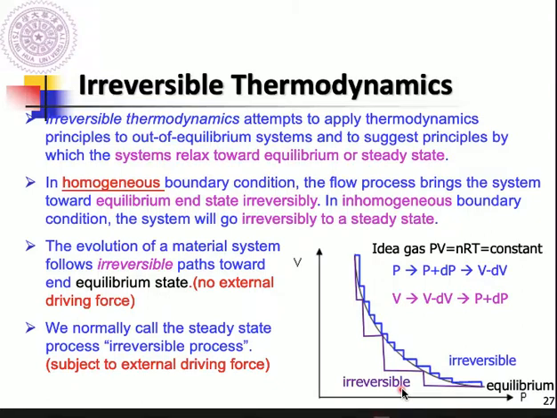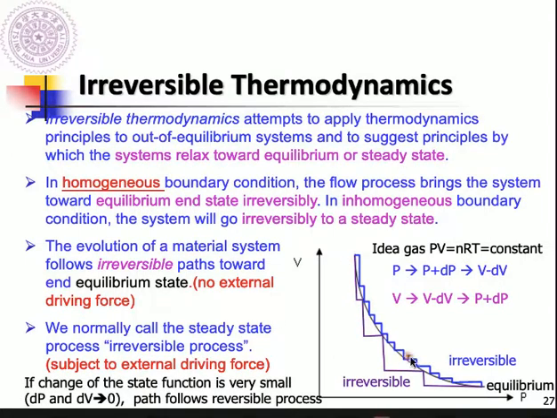So we get this irreversible path. We normally call a steady state an irreversible process, because this process is subject to an external driving force. And equilibrium condition, or reversible thermodynamics, is when the change of the pressure or the volume is very tiny.